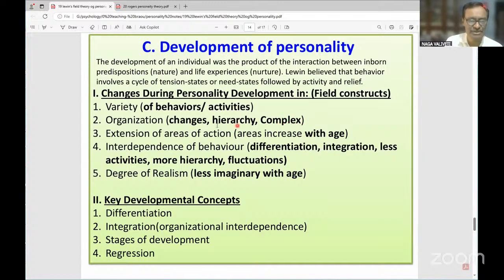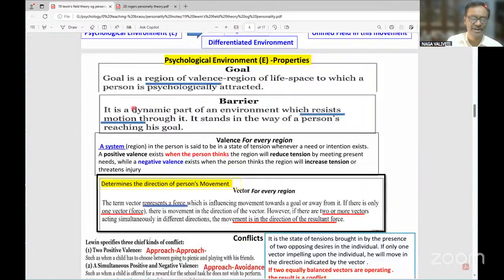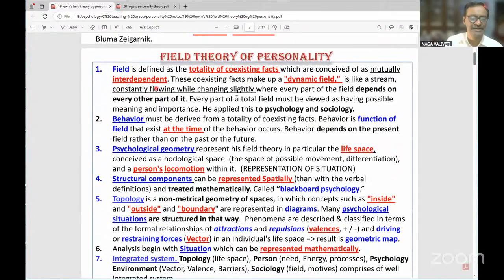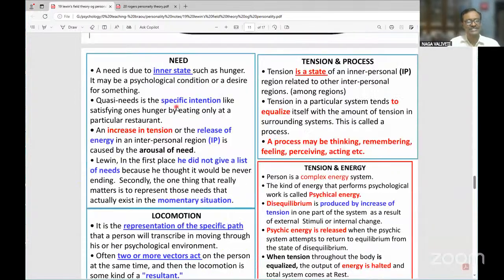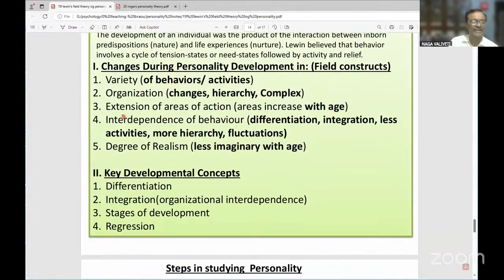All these will be changing because our basic assumption is that the unified field is constantly flowing while changing slightly, every part dependent on others. So this is how we discussed the development, and then extension of new areas will be coming.